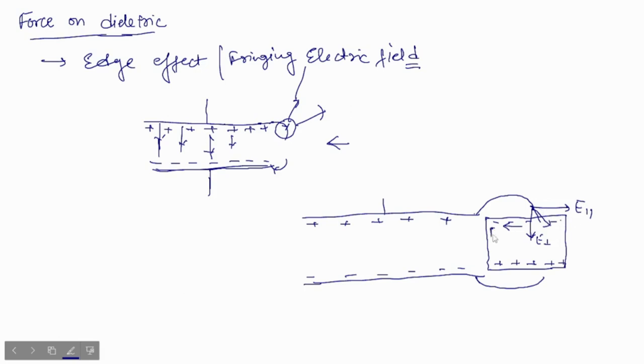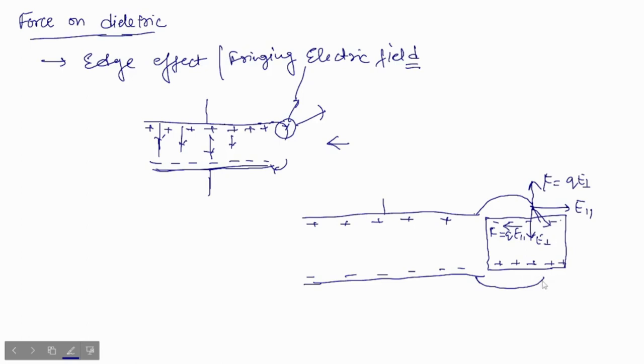You can say Q into E parallel. And due to the perpendicular electric field, the slab will experience a force to this side, and this will be Q into E perpendicular. Q is the charge on this plate of the dielectric slab.